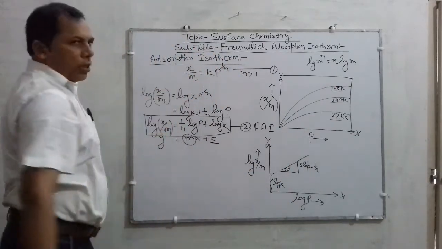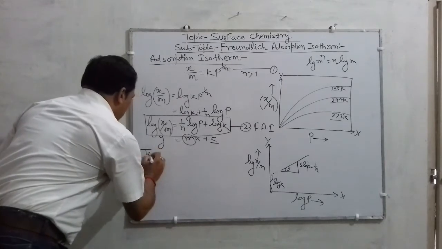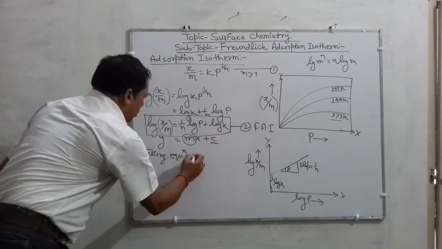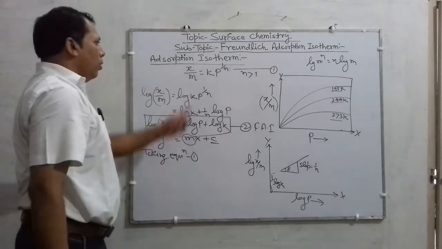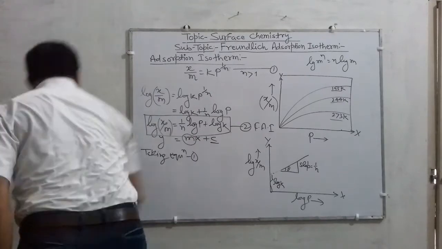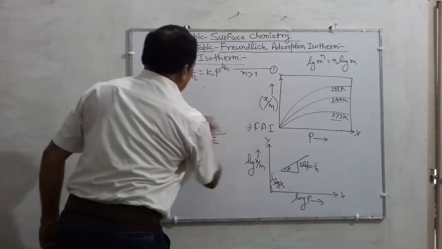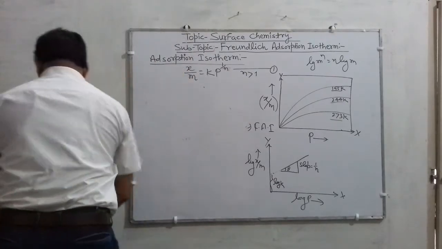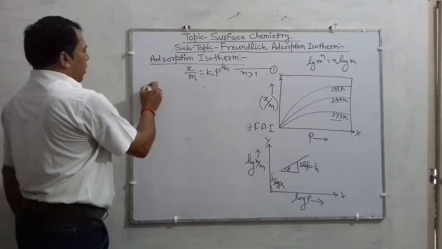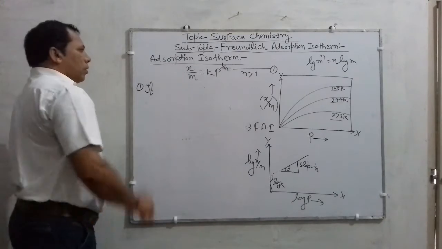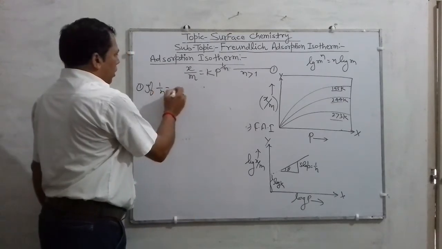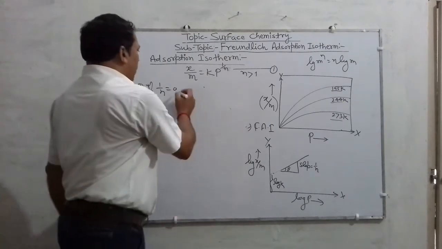Now taking equation 1. In expression 1, if the value of 1 upon n is 0, then what will happen?